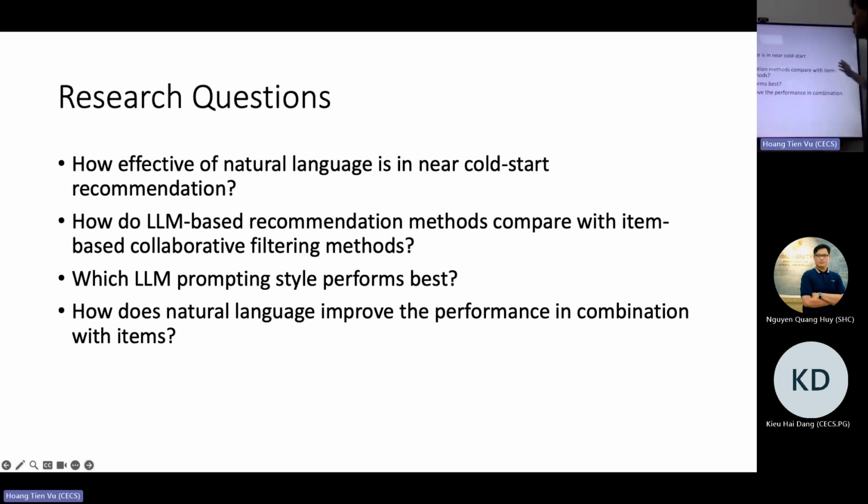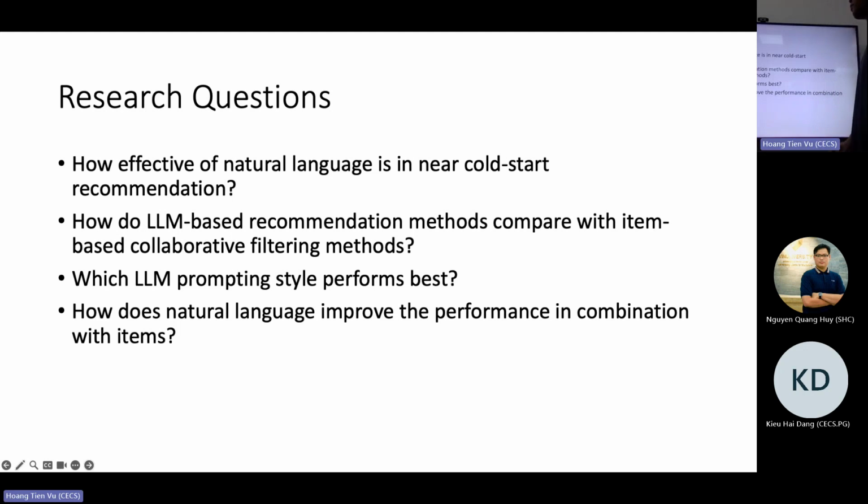Furthermore, another question we want to answer is how do large language model based recommender system methods compare with conventional methods like item-based collaborative filtering. After that, we want to find the best way to fine-tune the large language model for our recommender system.